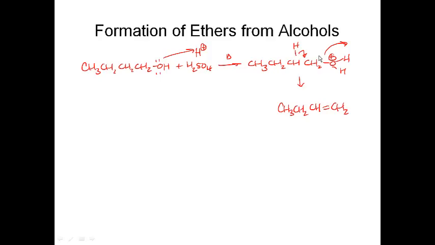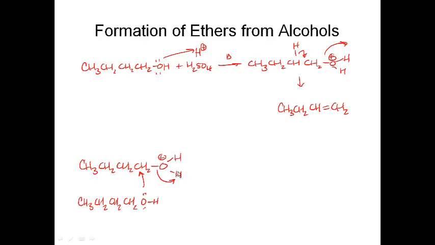But what can happen with this carbocation is a side reaction where we could have that oxonium ion actually, particularly in the presence of a high heat, is we could have a second alcohol molecule come in and act as a nucleophile and attack the carbon and then have the water leave.